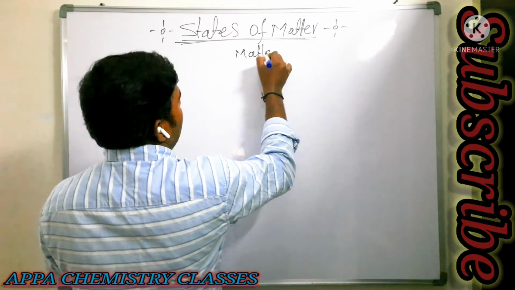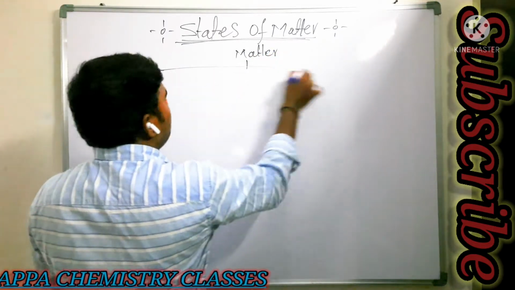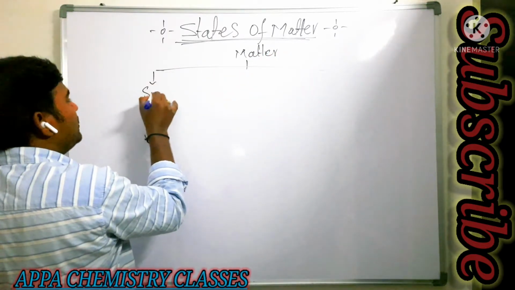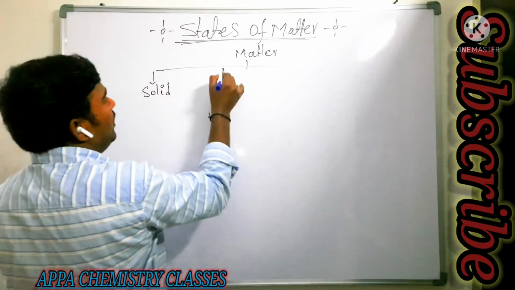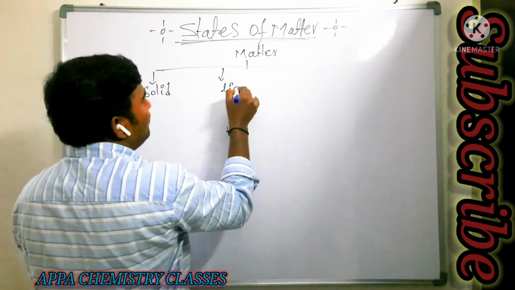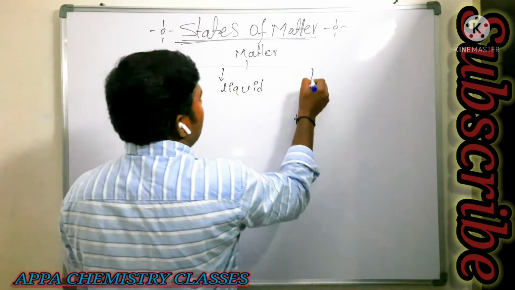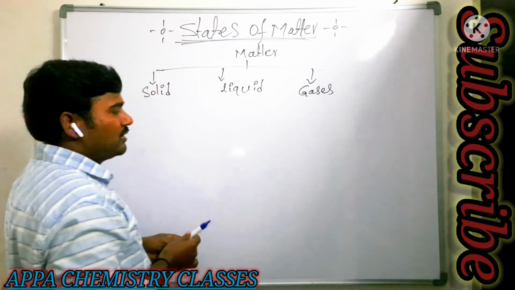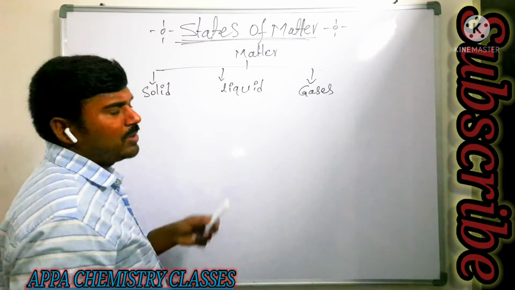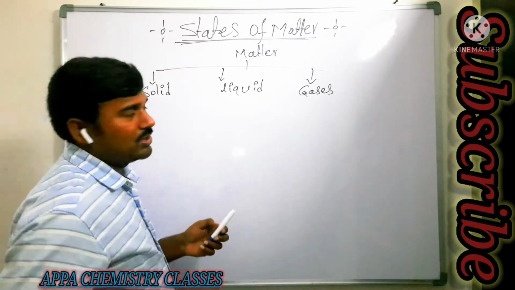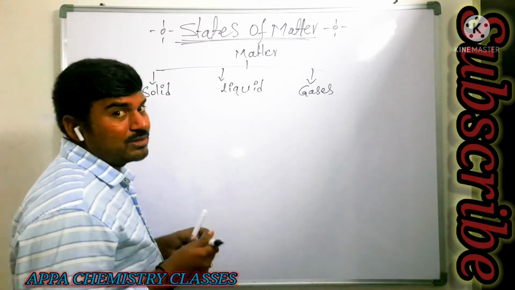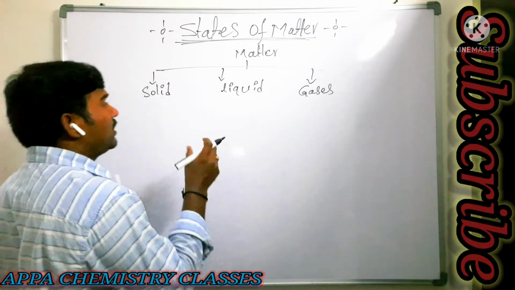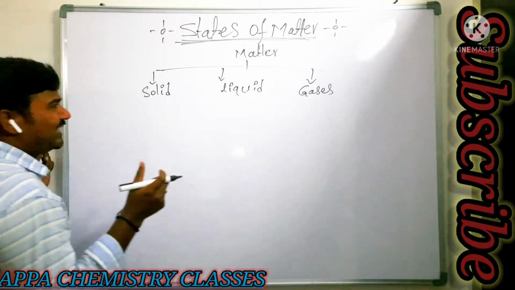Matter is classified into three categories: the solid state of matter, the liquid state of matter, and the gaseous state of matter. Here we know the properties of liquids, gases and solids. In solids, the constituent particles are very closely or tightly packed.